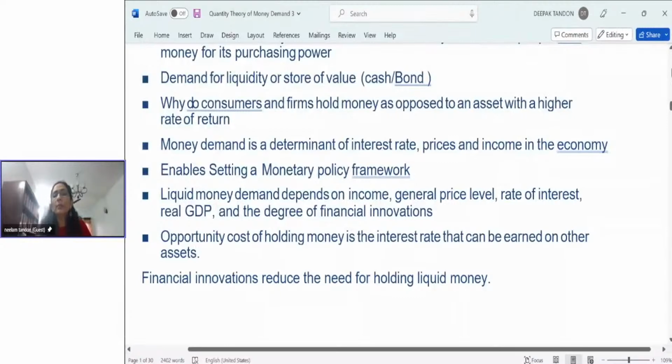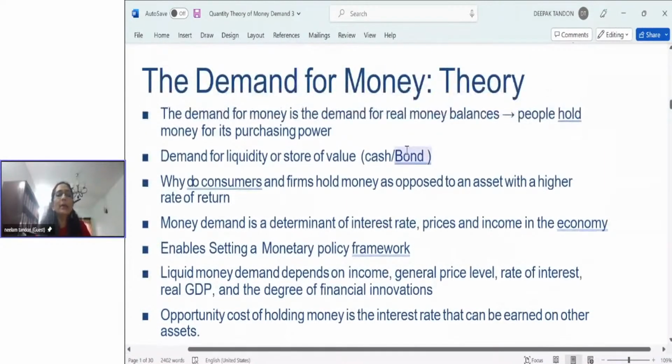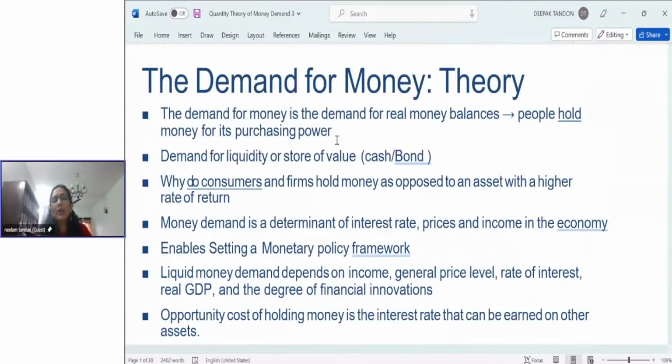The first theory proposed was the classical theory of money demand. Before talking about that, you should understand that money is real balance. Why do people hold money? People hold money because they want to buy goods, so they want purchasing power in their hand. Number two, you want liquid money: today I want to buy something, I can easily buy it. So you want money for liquidity.